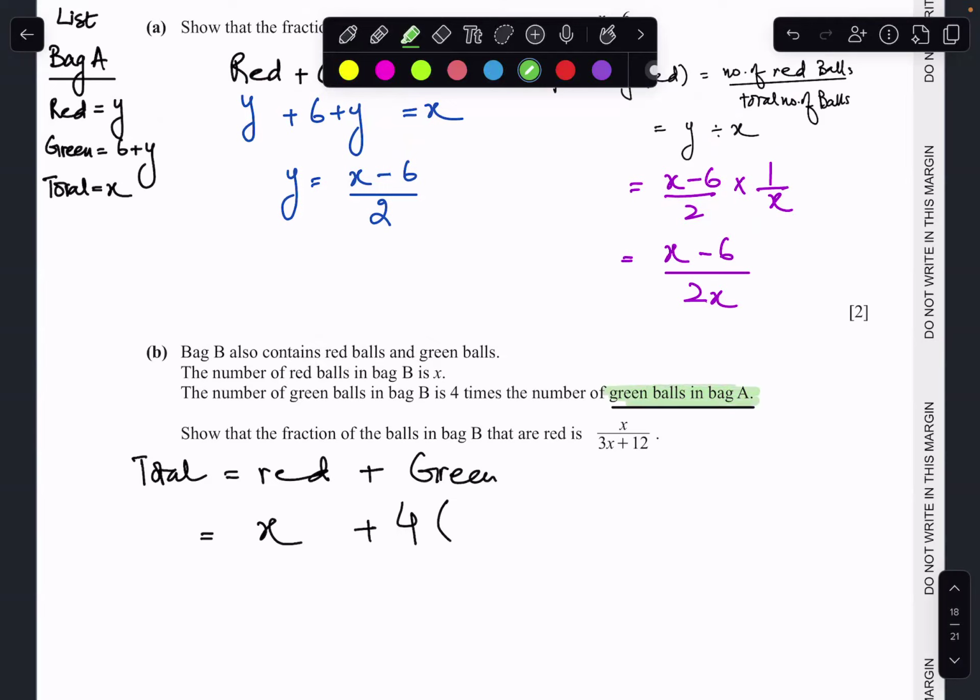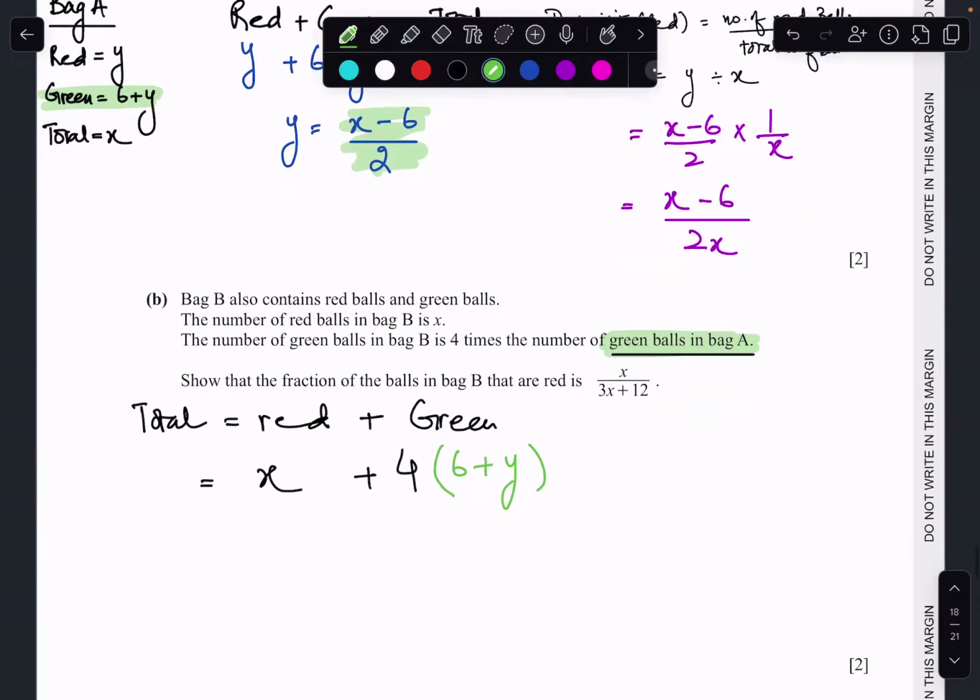Manur, what was the number? 6 plus Y. And did we figure out the value of Y? X minus 6 over 2. Right. So I can use all of this information over here. And then I'm going to figure that out as well.